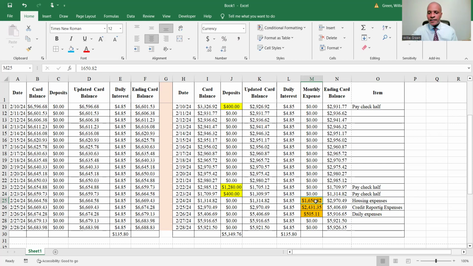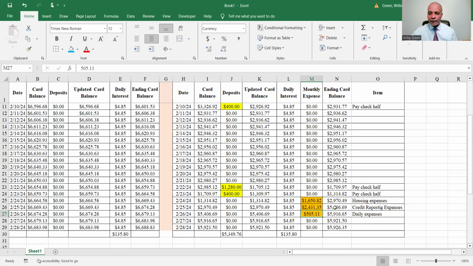So $16.50 for housing expenses, $24.31 for credit reporting, the car, the automobiles, all the cars, credit cards, and some other things, and $5.05 for daily expenses in general. So they're going to make the average daily balance go back up. And as you can see, it increased to $29.70.